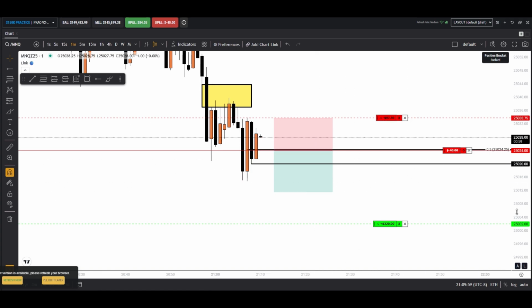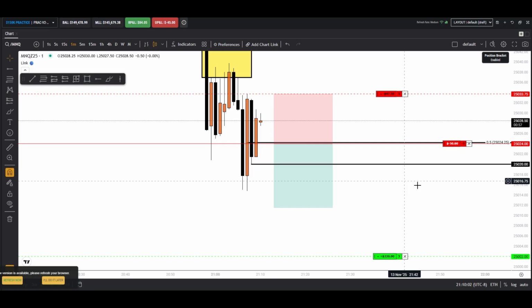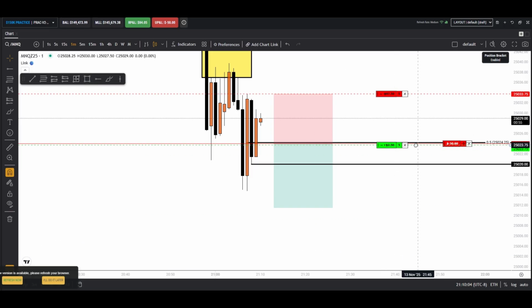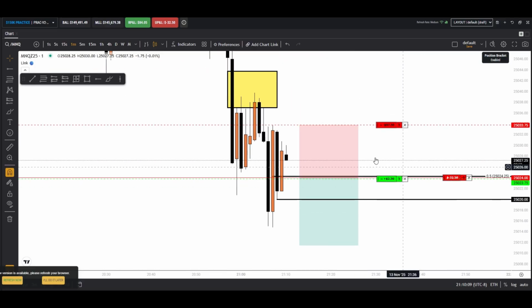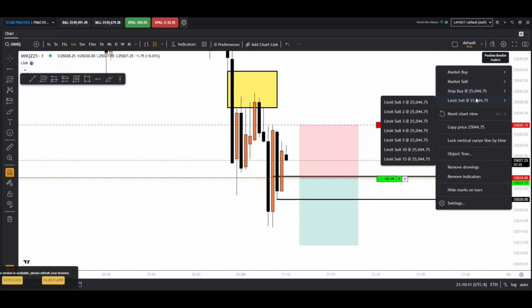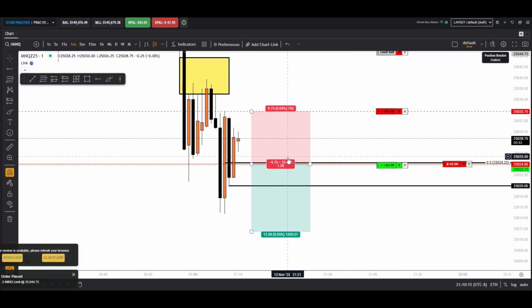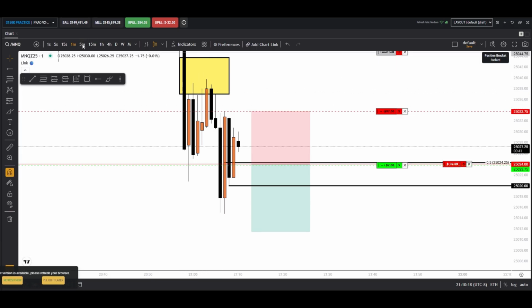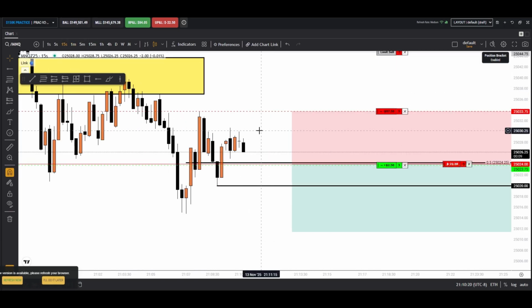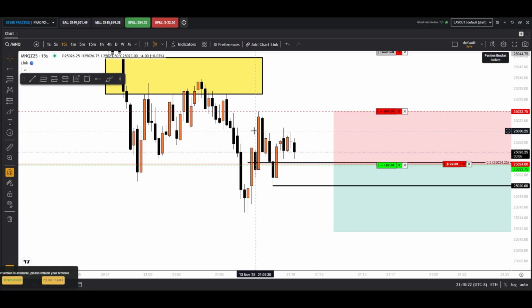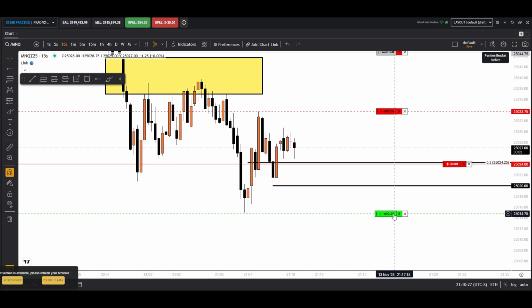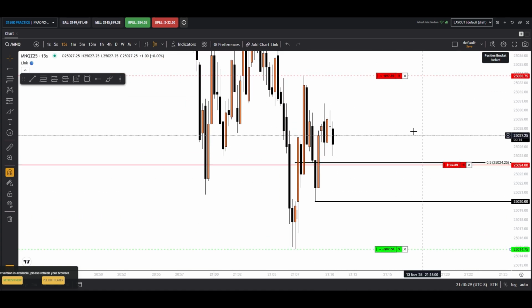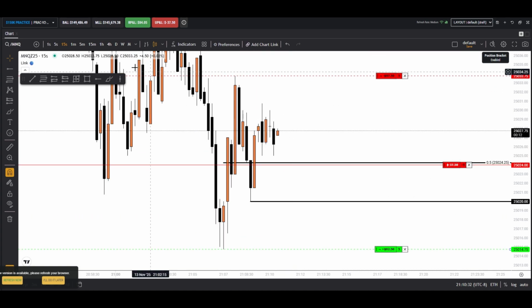Not really anything I could do about that, other than I could try and break even this and then get in the same trade with less contracts, limit sell, get straight in, have my stop loss higher. But I'll be re-evaluating this in a moment to see if that is necessary, because I don't think it's necessary right now. We're not showing any signs to go higher in this time.